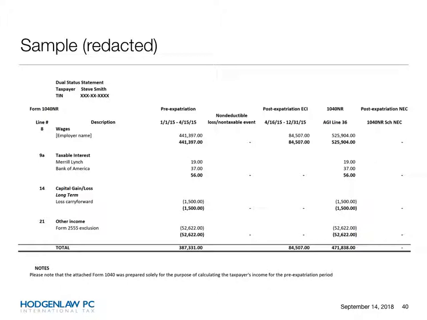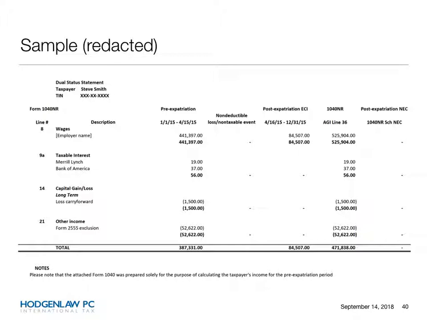Income earned during the pre-expatriation period, when Steve had his green card, is reported in the next column. Numbers in this column would also match what's on the dual status statement, tax form 1040. If there were any non-deductible losses or some other non-deductible event, then we put something down in the column after that.